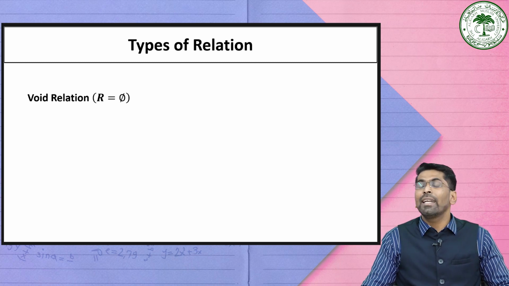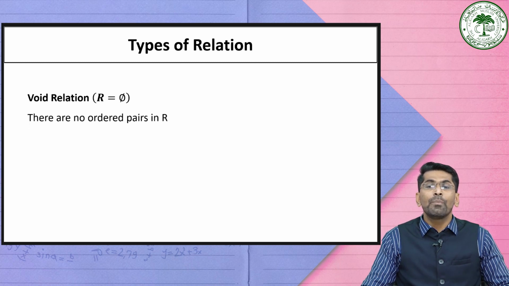If R is an empty set, that is, there are no ordered pairs in R, it is called a void relation, because it means that there are no elements in set A that are related to any elements in set B under the relation. In the case of a void relation, there is no ordered pair in this particular relation.